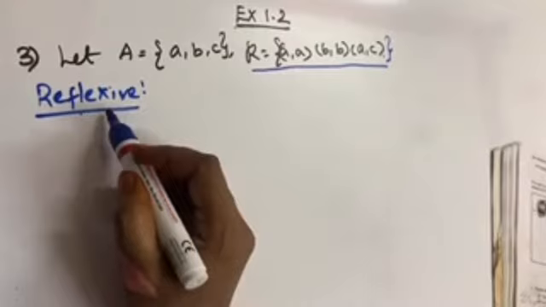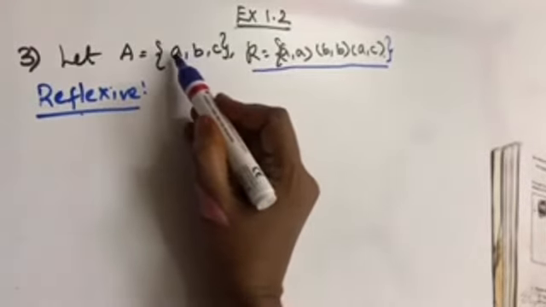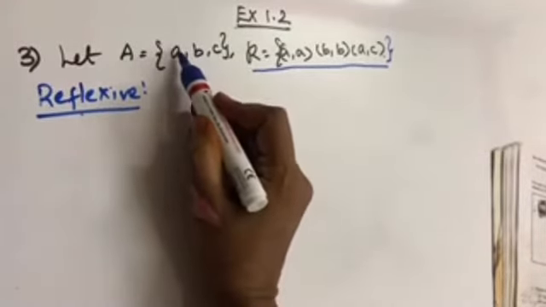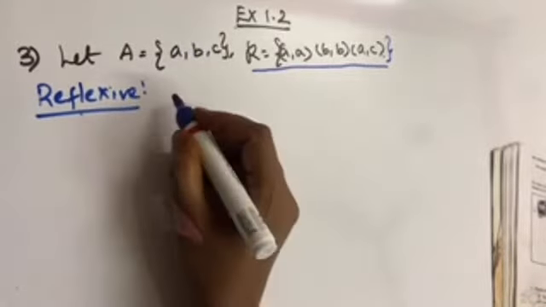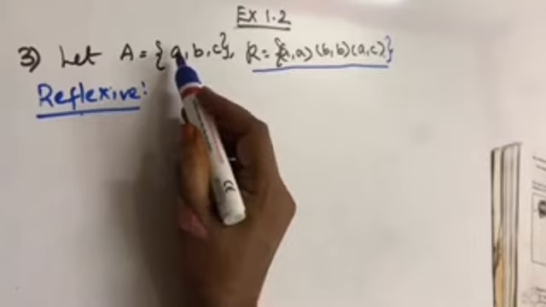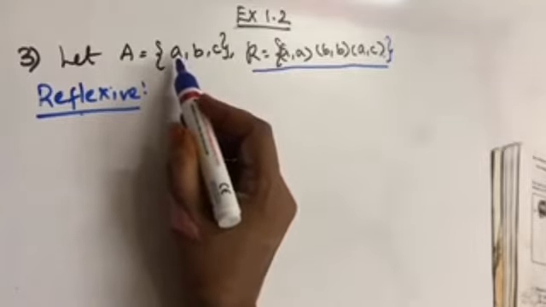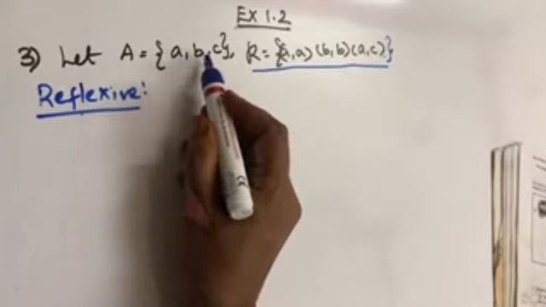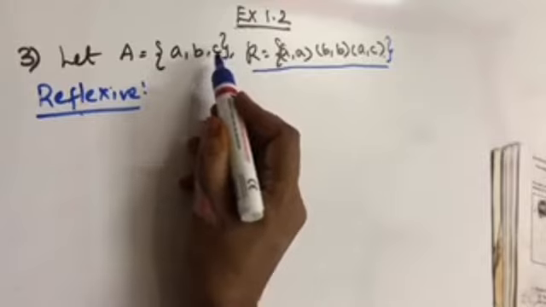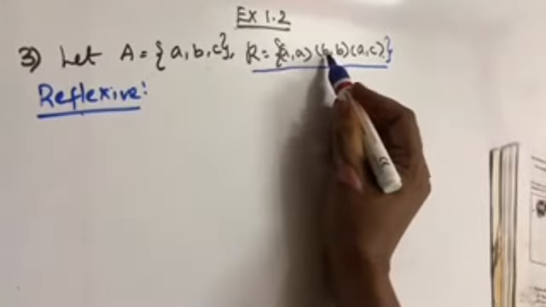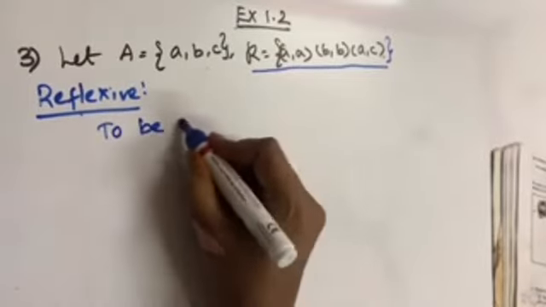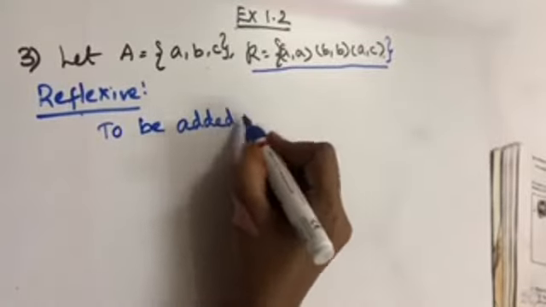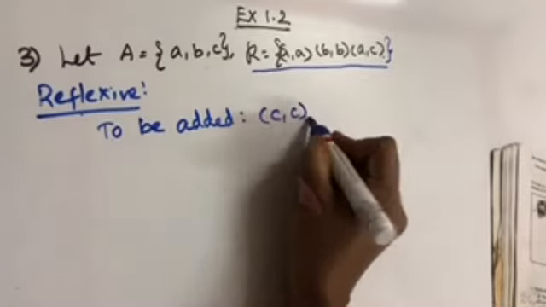To make it a reflexive relation, an element should map to itself, right? A should go to A. So to be a reflexive relation, the terms to be there are (a,a), (b,b) and (c,c). Here (a,a) is there, (b,b) is there. So the term to be added is (c,c).